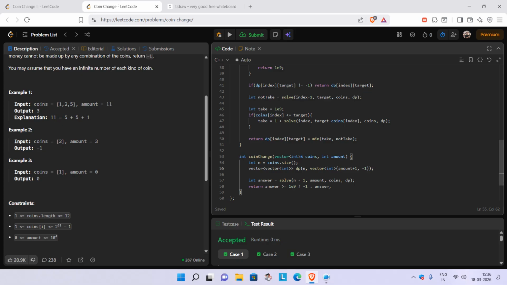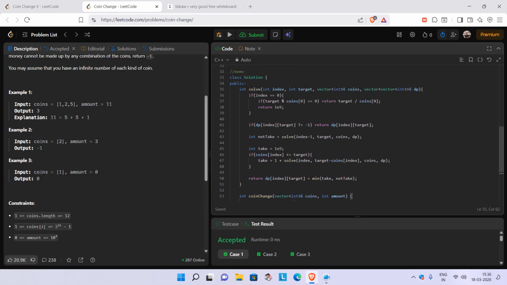It doesn't go beyond the amount. So we use amount plus 1, because target goes from 0 to amount. This is our DP vector; we simply include it in our main function. This is for checking whether it is already stored or not, and we simply store the value in our DP vector and return it.